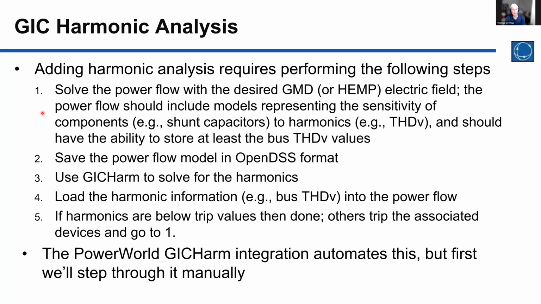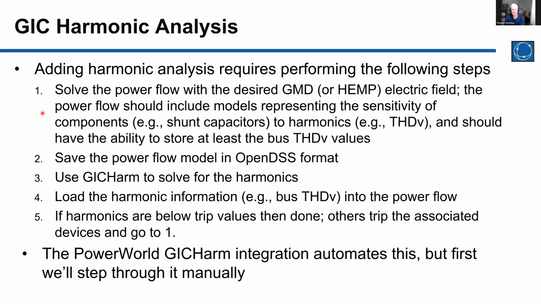The idea here to do this analysis is you solve a power flow with the GICs in it, and you can calculate the GICs. You save the power flow model in the OpenDSS format. You use GICHarm to solve for the harmonics. You load the harmonic information back into the power flow. If the harmonics are below trip values for your devices, then you're done. Otherwise, you trip the affected devices and go back to step 1.